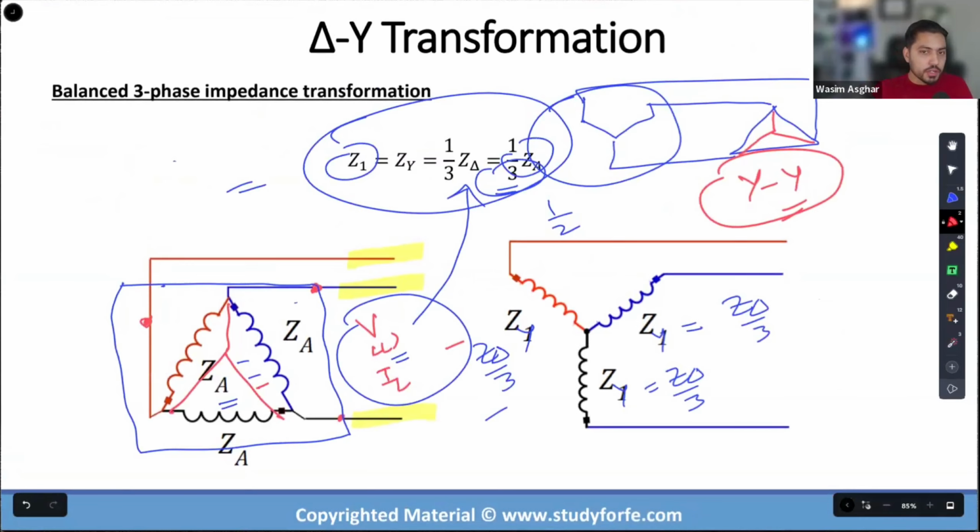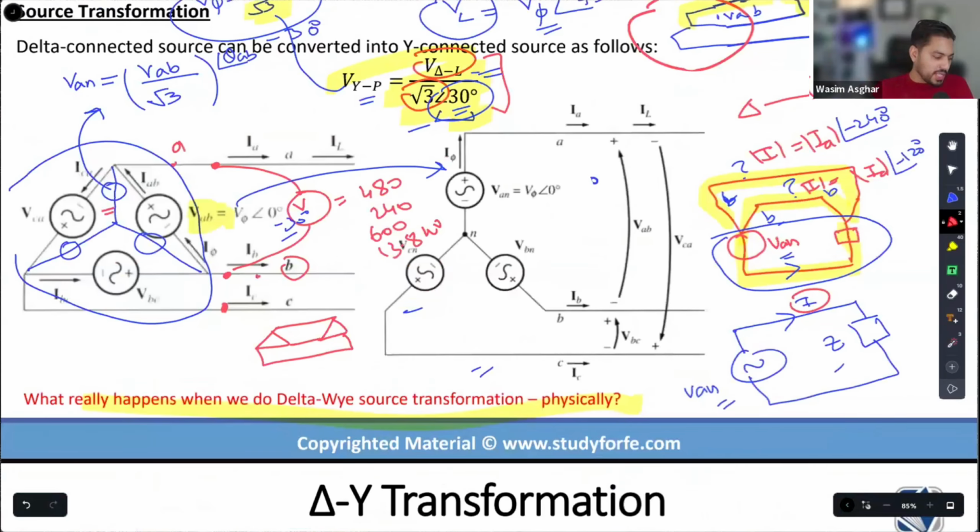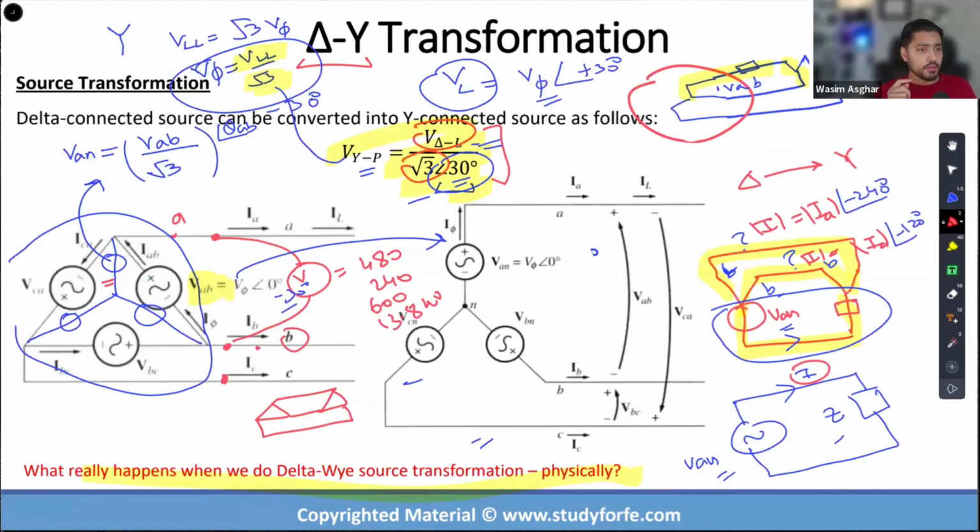To summarize what we've learned over here, the single biggest takeaway is that we always want to solve three-phase systems in a Y-Y configuration because the Y-Y configuration allows us to apply Ohm's law directly. If the source is in delta configuration, then we need to take the line voltage of the delta, divide by square root 3 and reduce its angle by 30 degrees to come up with the equivalent Y phase quantity.